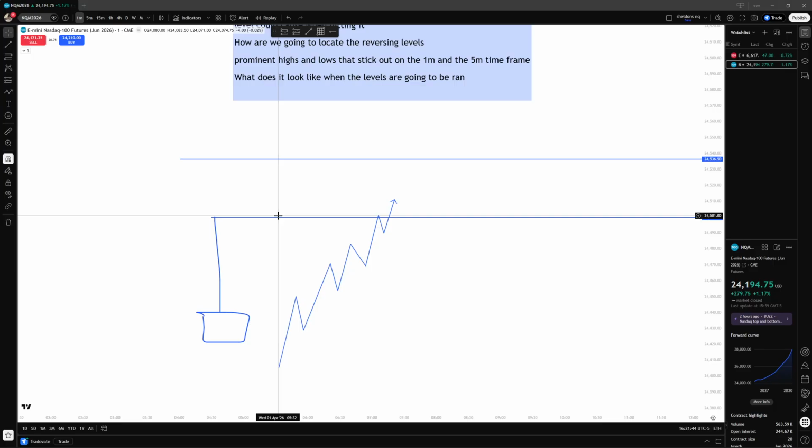But if you have found the level and we have displaced past it, we're going through it, we haven't really got a reaction. Obviously, little reactions are fine. But if we keep continuing our direction, that's how you know you're fine.